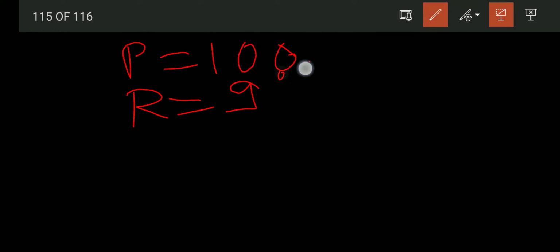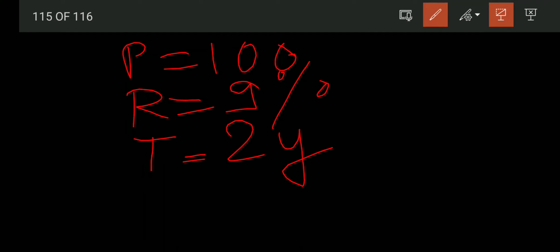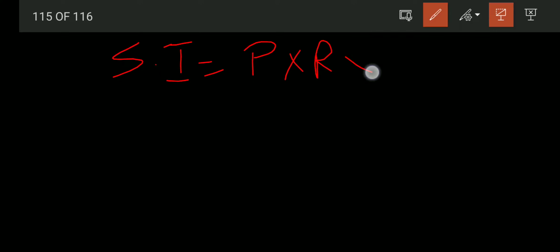What I told you is that we have taken P equals 100. We have supposed that. And the rate of interest R is 9%. Time is 2 years. Now we'll calculate SI. It would be SI is equal to P into R into T divided by 100.